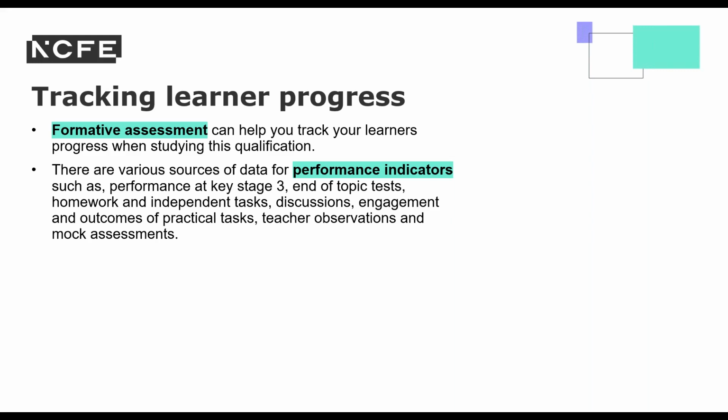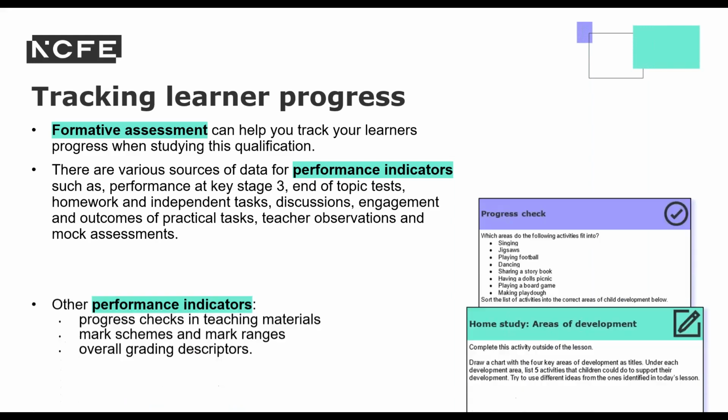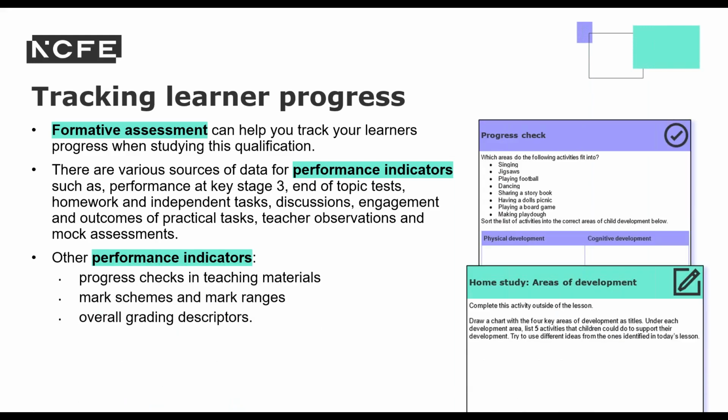There are also many resources such as progress checks in the teacher materials, sample assessment materials, and prepare to teach activities that are available on our website to further support your formative assessment. Other performance indicators you can use include the EA mark schemes and the NEA mark ranges and descriptors.